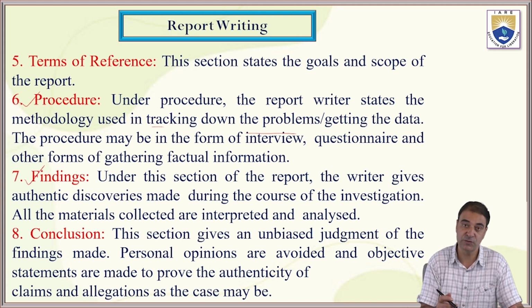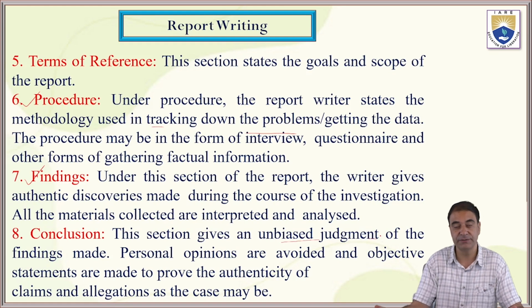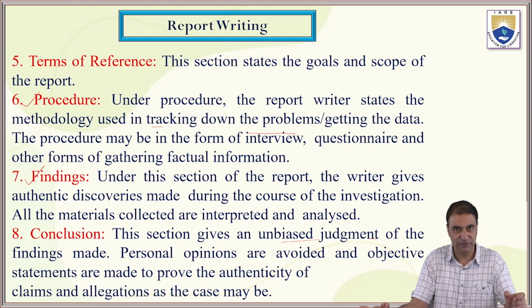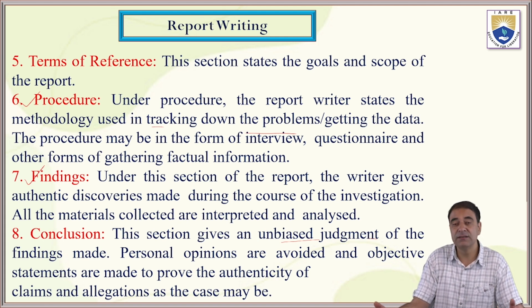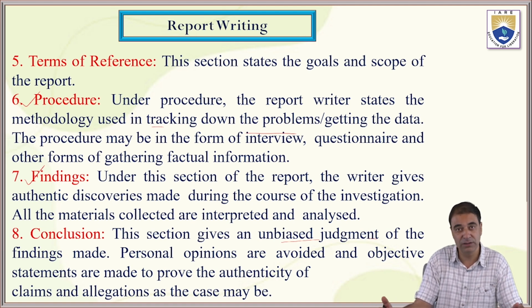That's why we say unbiased judgment of the findings made in the proper report. Personal opinions are avoided so as to make it more objective, more authentic, and more reliable.